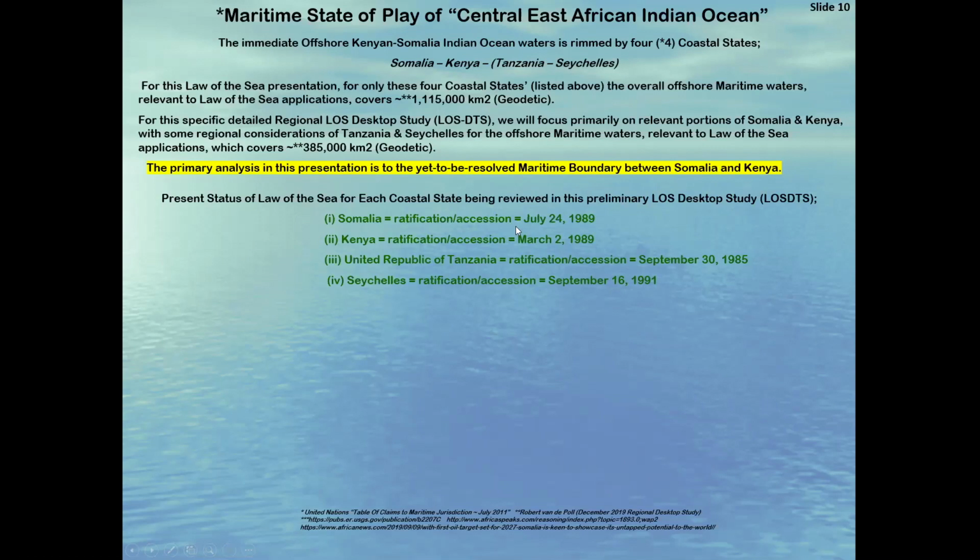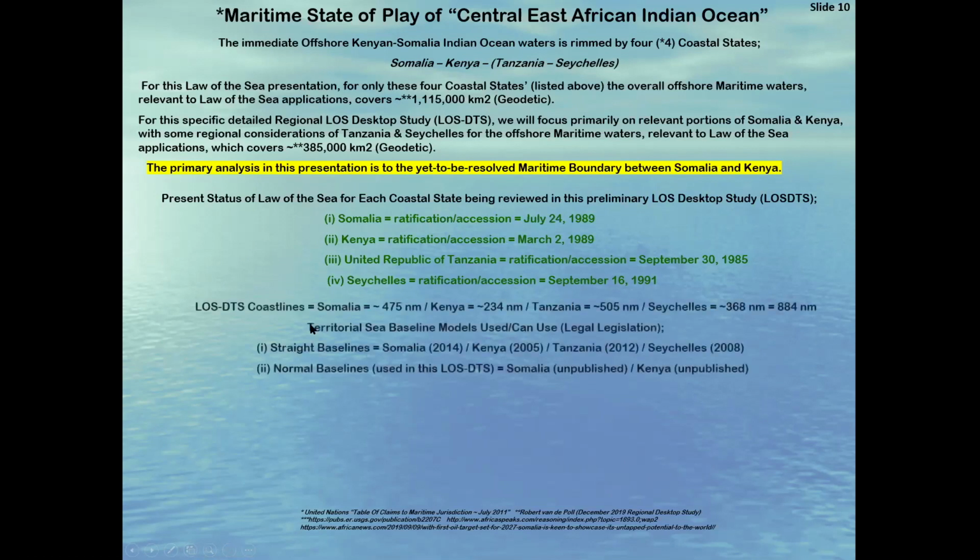Present status, all 4 countries in question in our desktop study have ratified and have accession to UNCLOS, so they're all playing by the same required rules, which is a good thing for doing a desktop study. One thing, desktop studies all begin with coastlines, so here's some quick numbers. In the study itself, we're only looking at this many nautical miles for Somalia, Kenya, again, lesser extent for Tanzania, Seychelles.